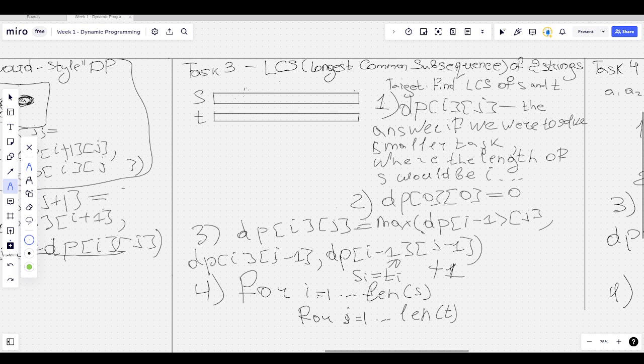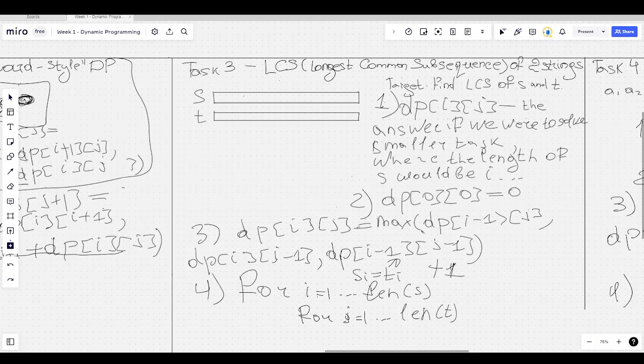Okay, the first question: what is the dp? In this task we will consider a 2D array, dp[i][j].